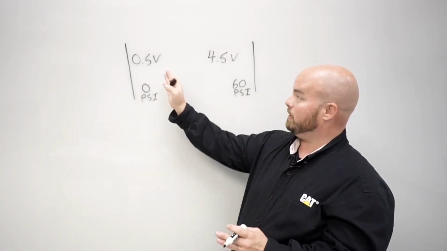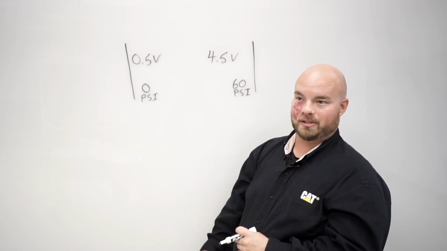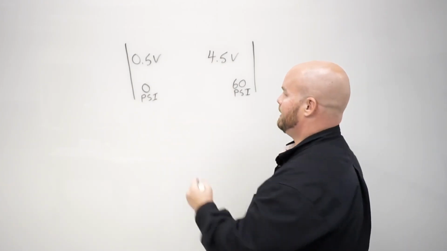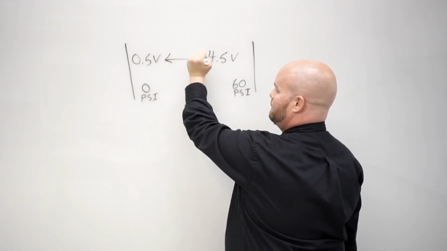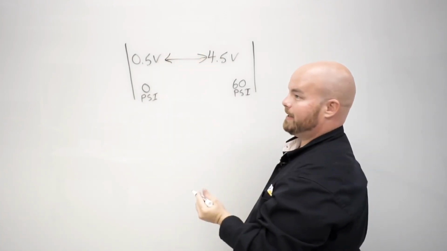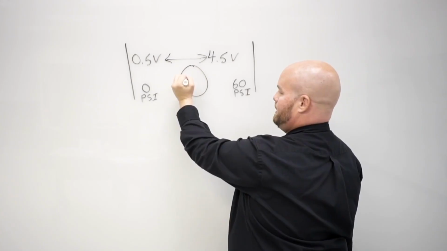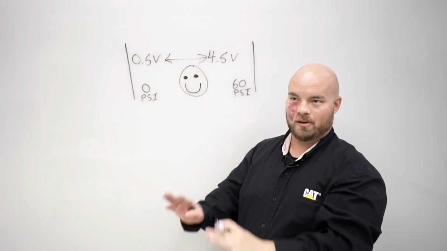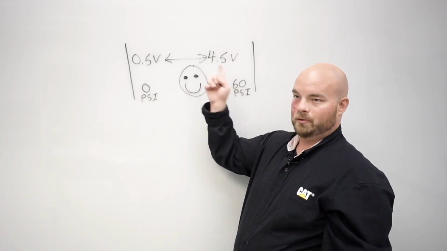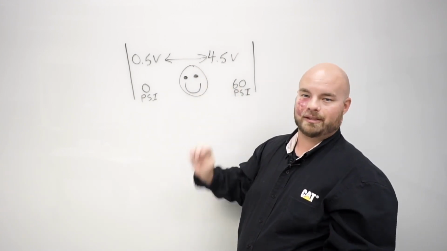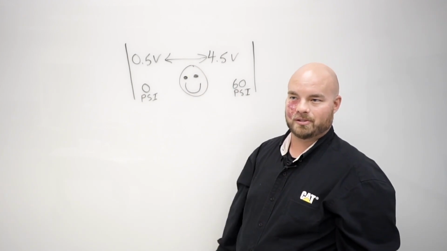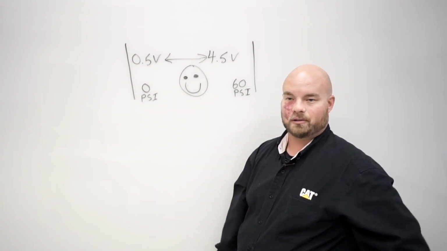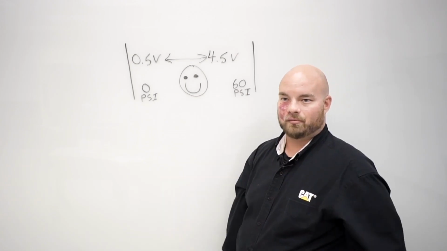As long as the ECM sees a voltage somewhere within that typically 0.5 to 4.5 range, guess what? He is a happy ECM, and he says no codes. All he's doing is, I'm reading a voltage, I'm reading a voltage, I'm reading a voltage. That's what ECMs like to do. They like to read voltages. And then they take the voltage and equate it to a pressure, based on the software, okay?